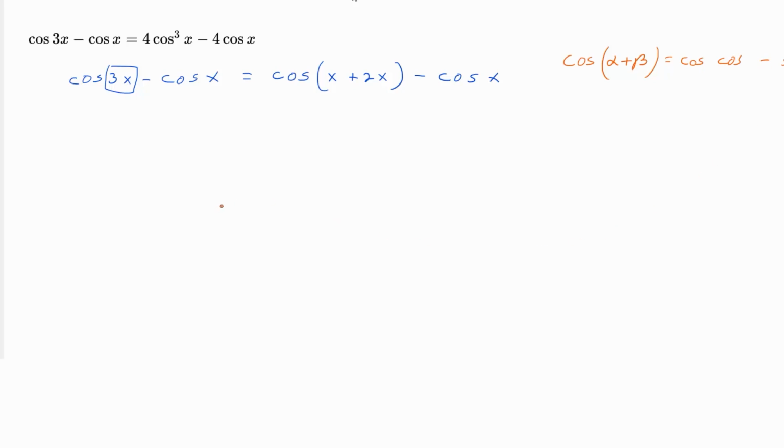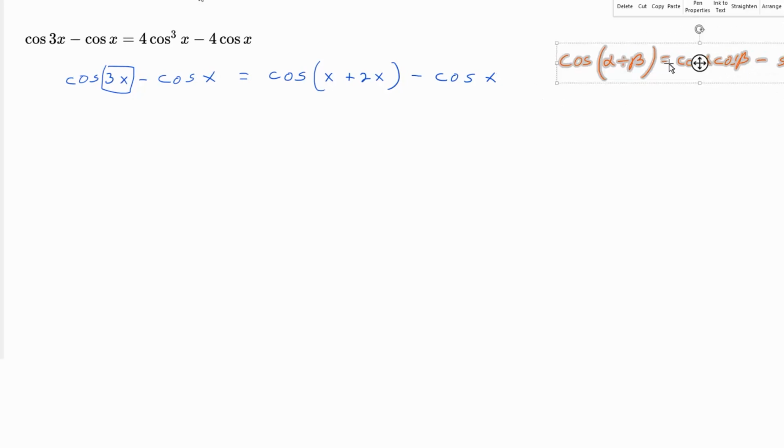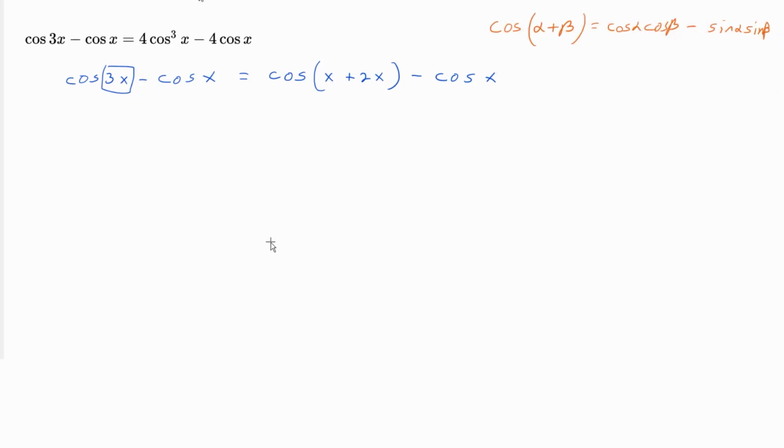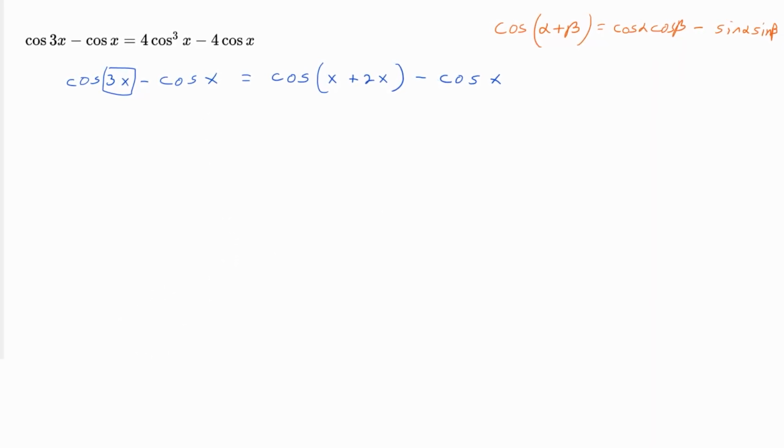And it goes alpha, beta as far as the angle goes, and then we just keep the same order in this identity. So cosine alpha plus beta is cosine alpha cosine beta minus sine alpha sine beta. This is not part of the proof. I'm just writing down the identity to kind of show you what I have in mind here.